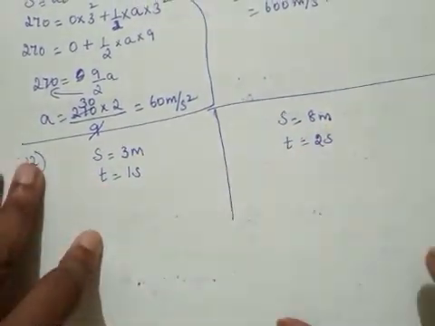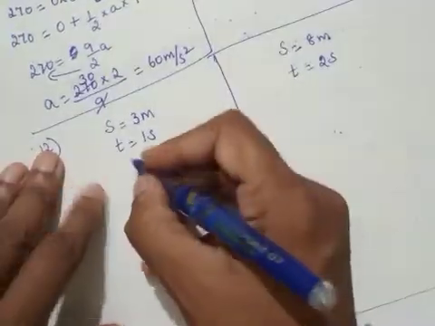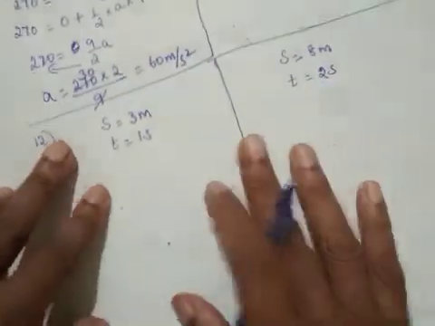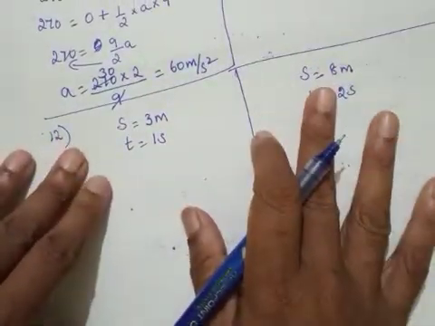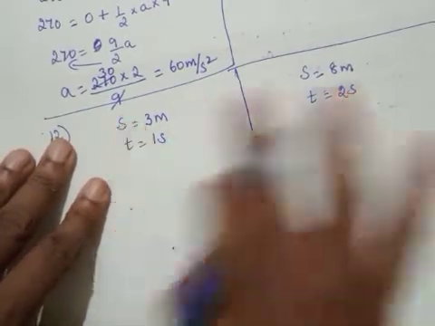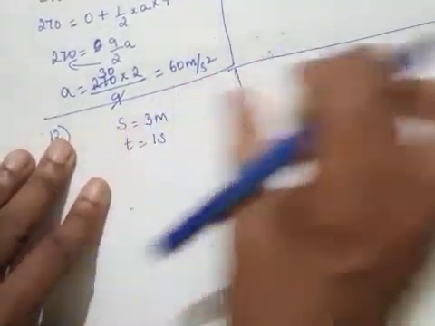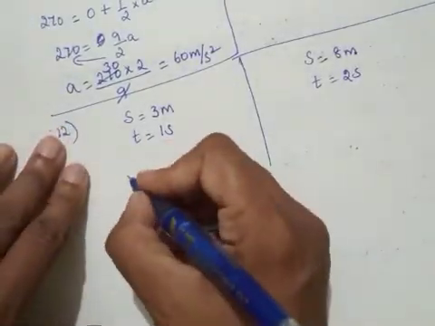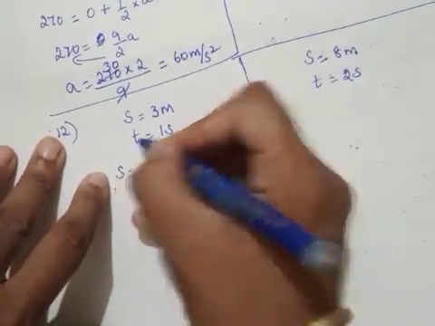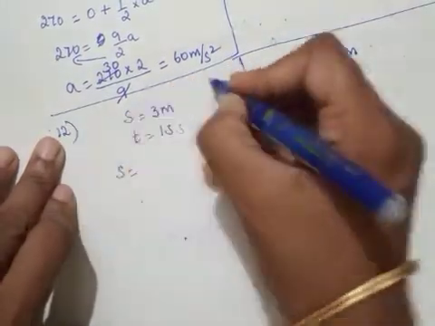With this you have to find U and A, acceleration. This is a very unique or different type of question. If like this they have given you two cases' values, then S and T are there, and we have to find U and A.